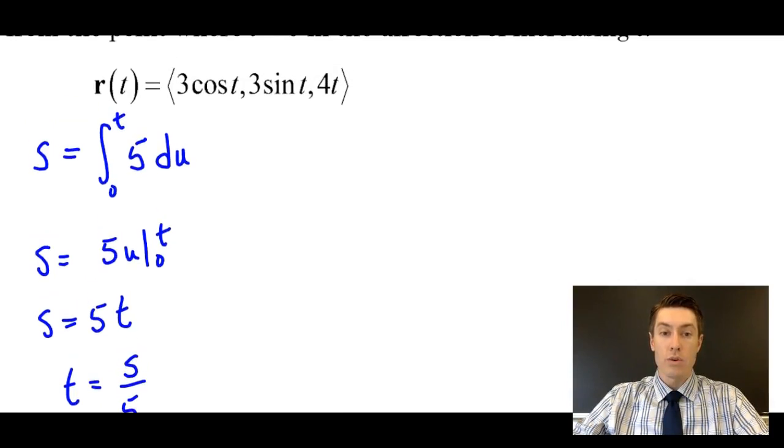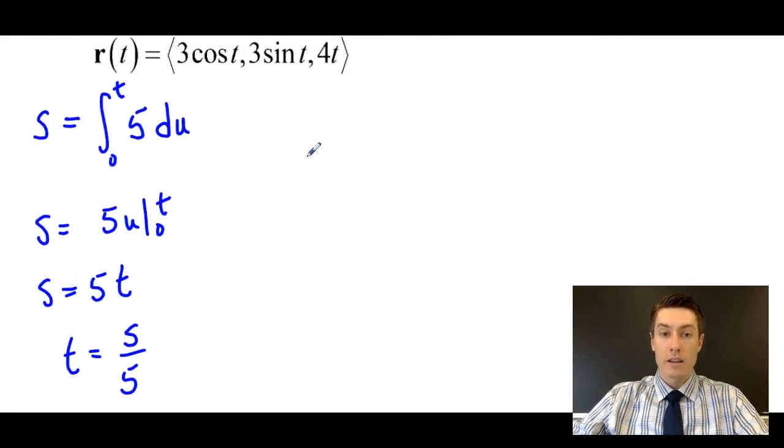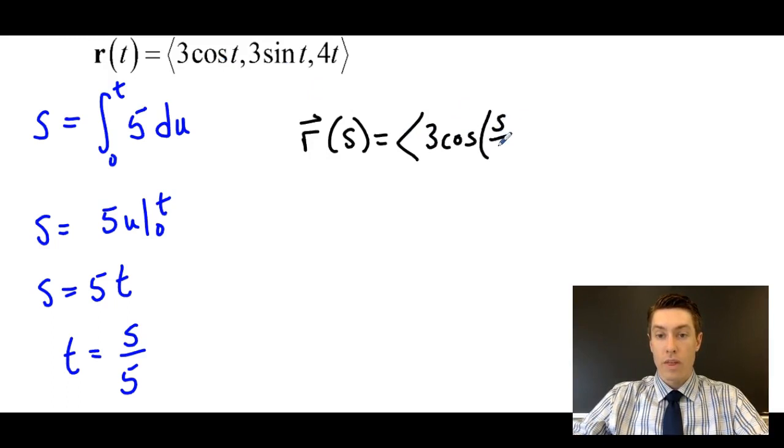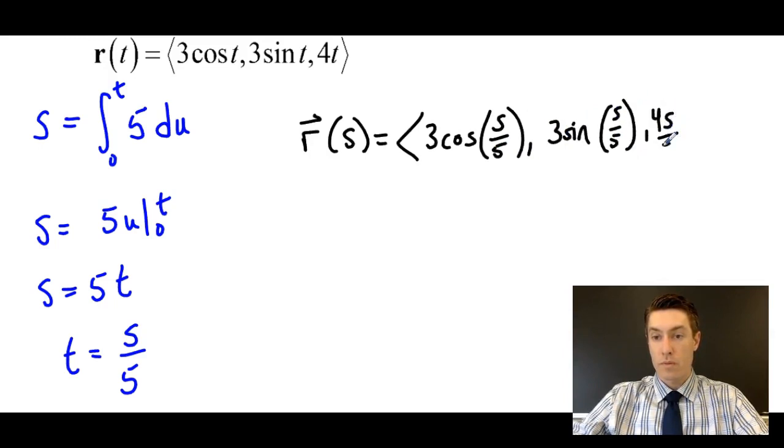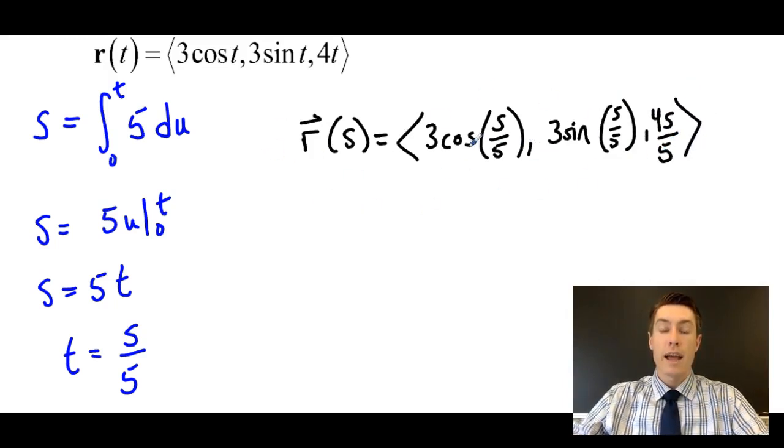So what that allows us to do then is to go back into our vector valued function and replace all our t's with s over 5. Okay, so there's our new vector valued function defined in terms of arc length as opposed to time.